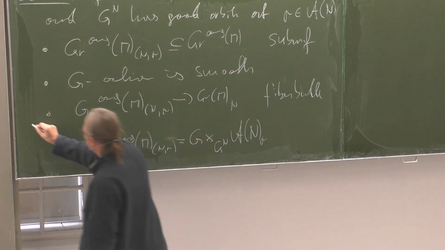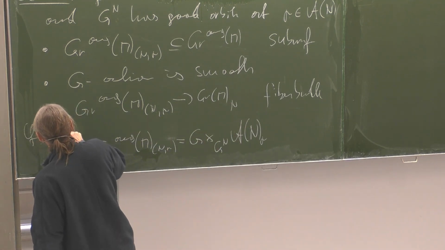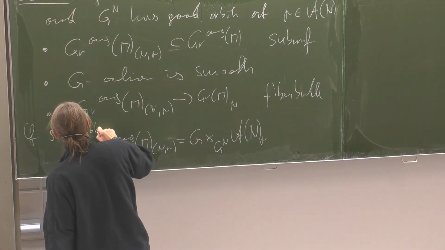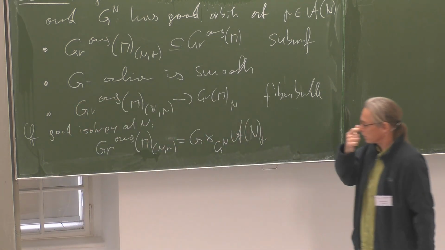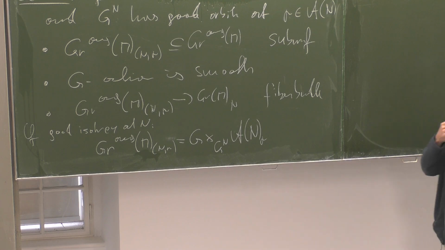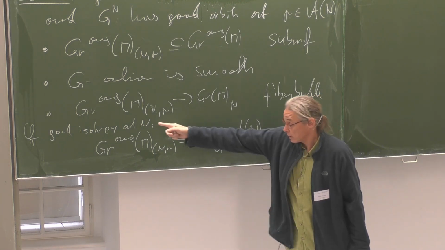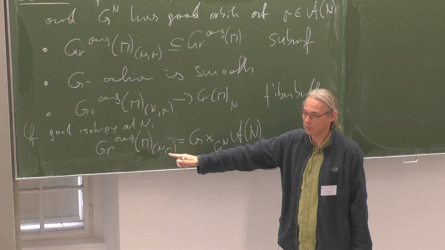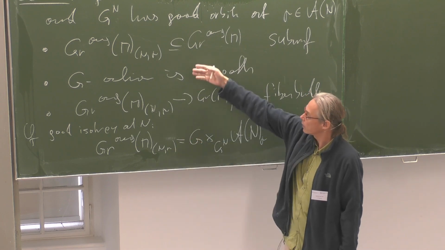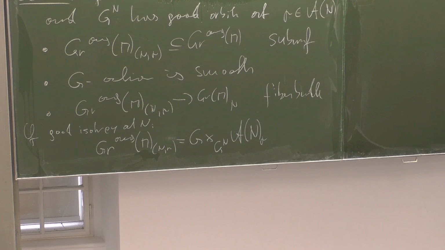This is if good isotropy at N. And we have a different description. Again, it's a strong assumption. If that happens to be the case, then this is probably the way you would like to put a smooth structure on here. But if you don't have the strong assumption, you can proceed in this way. Okay.